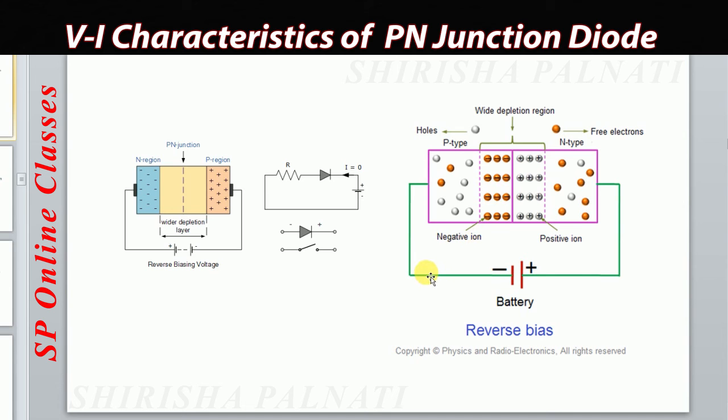If you apply more voltage, increasing the reverse voltage beyond the potential barrier, then the diode is damaged. That damaging operation is called the breakdown voltage. Okay?